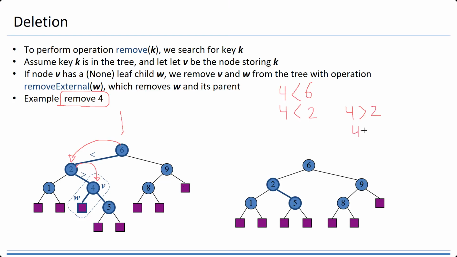Okay, 4 equals 4? Yes. So I'm going to remove 4. And 4 has one external node. Then we remove this external node and we lift up the node 5. Now it connects to the node 2.